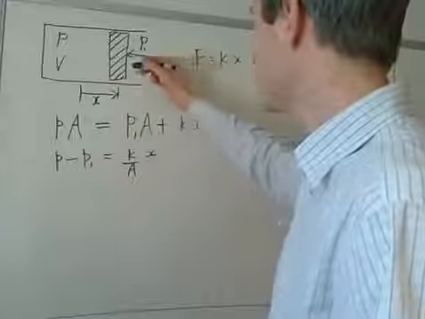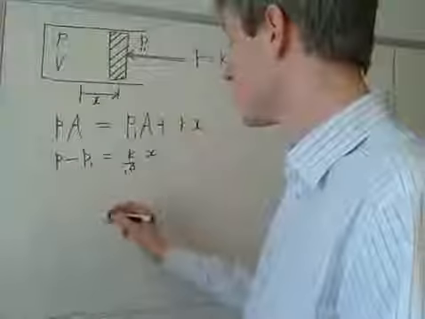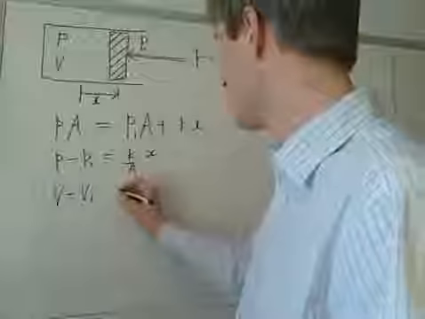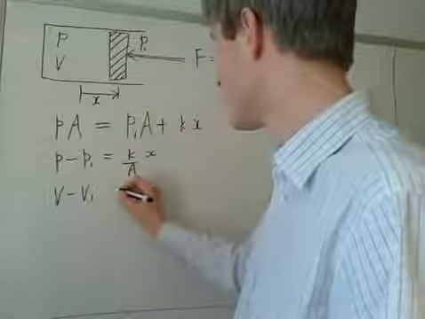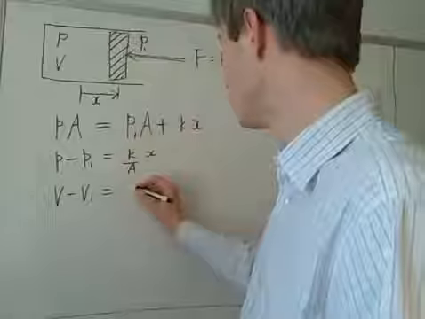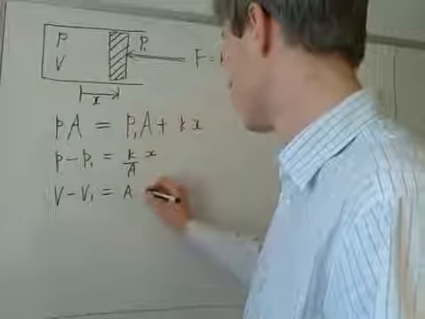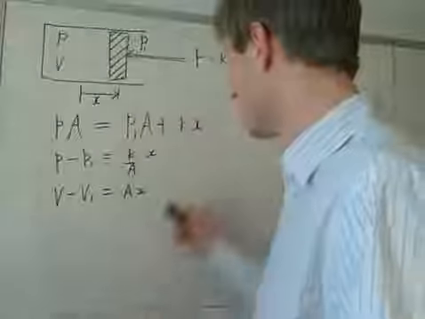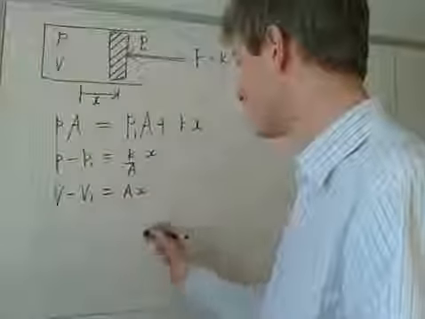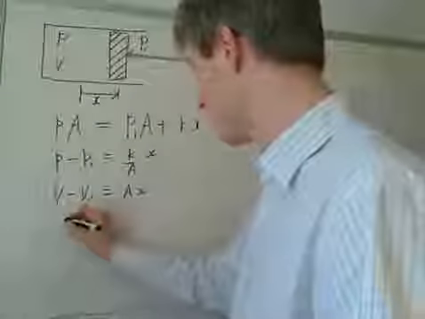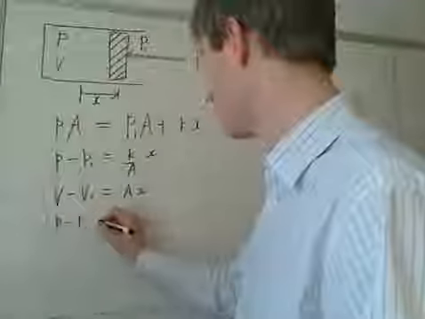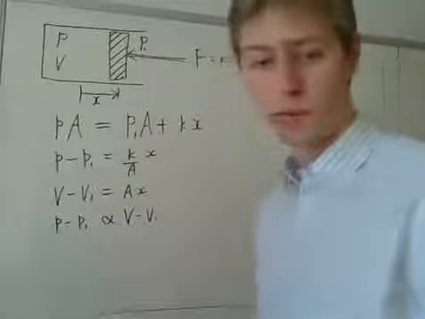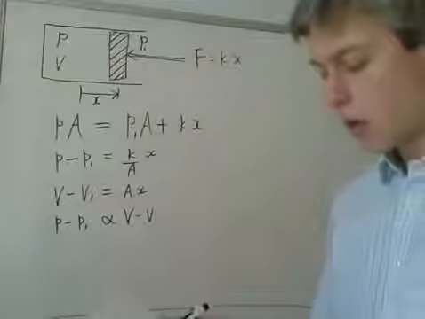Similarly, we can say that the increase in volume from its initial value, V minus V1, is equal to A times x. And so both of these quantities are proportional to x, and we can say that P minus P1 is proportional to V minus V1, which is what we've been asked to do.